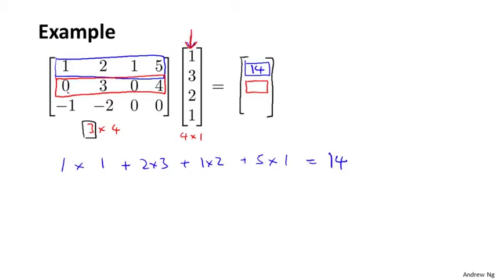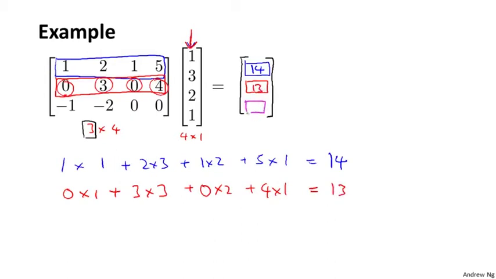So 0 times 1 plus 3 times 3 plus 0 times 2 plus 4 times 1, that's 9 plus 4, which is 13.